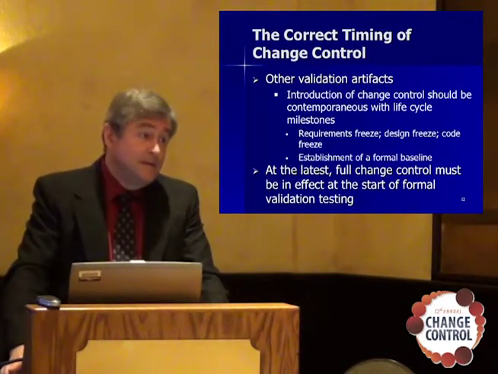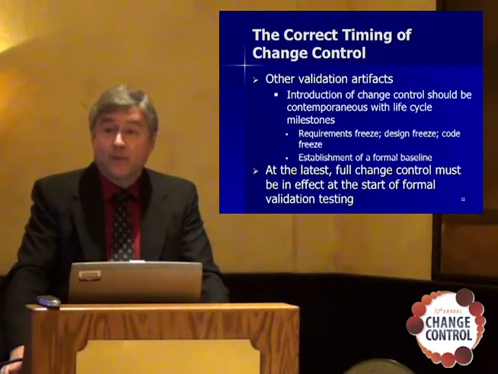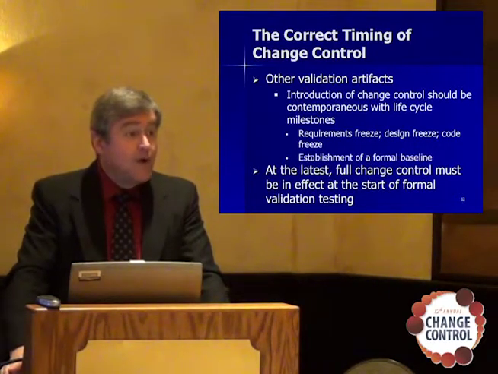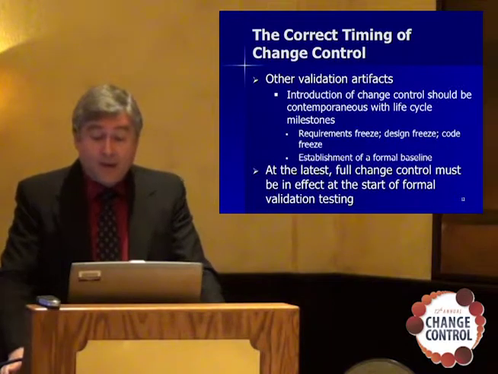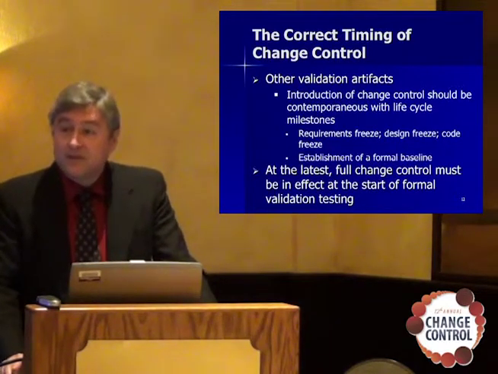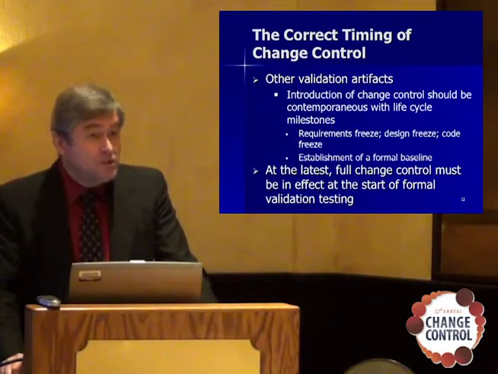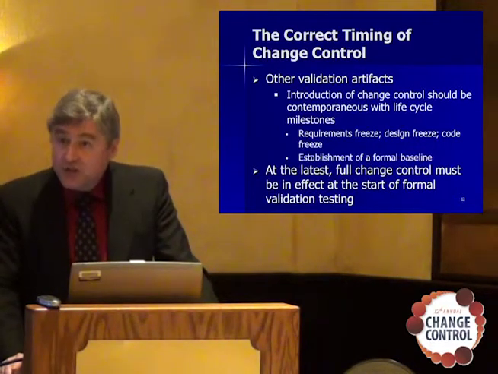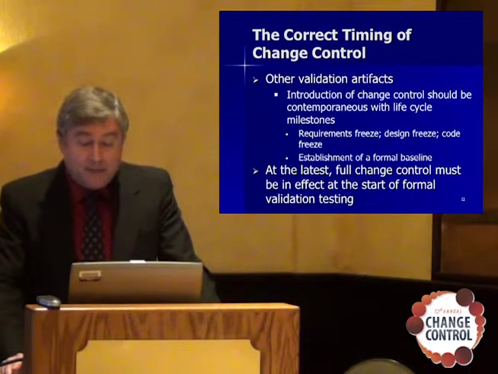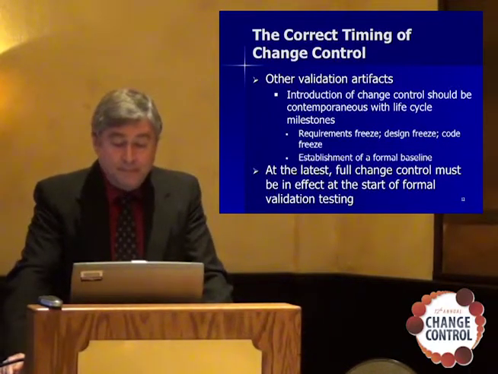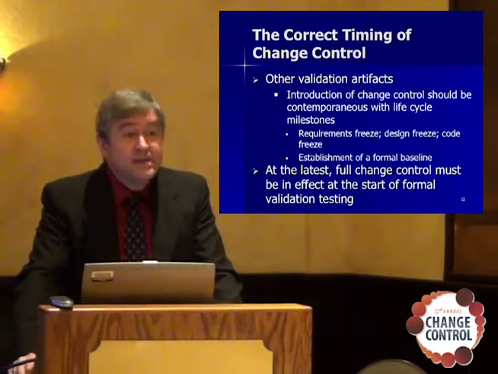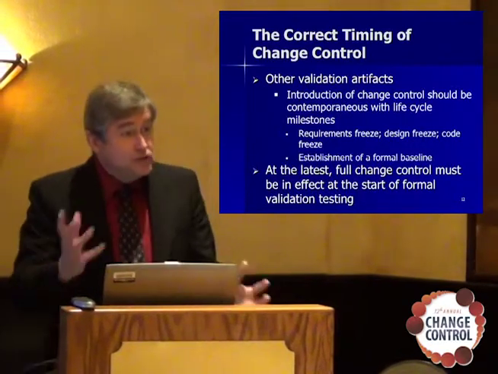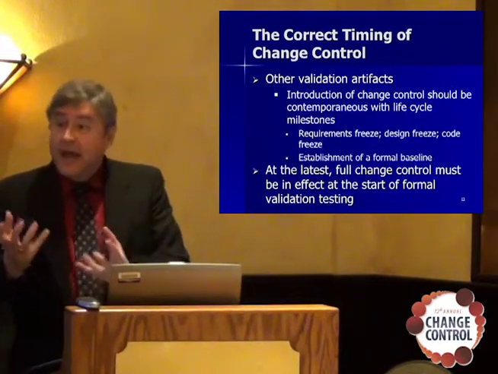They happen. Of course they happen. We learn things as we develop software. But that's really the place where we draw a baseline on the requirements. Likewise, design freeze and code freeze. Good places to establish baselines and then formal change control for all changes to items contained in that baseline. So all these milestones during the validation lifecycle are great places to introduce the change control process as you go along.